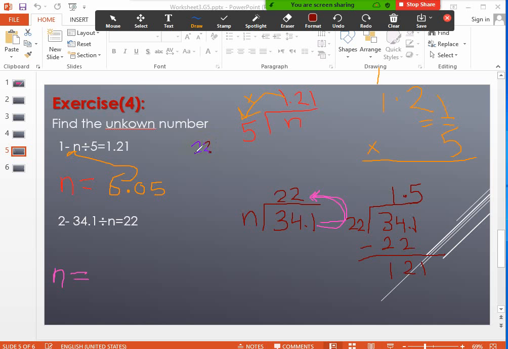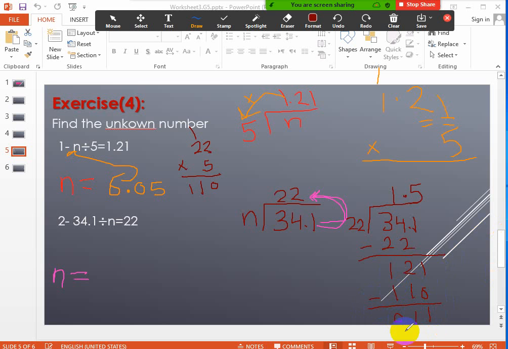Now I want to multiply 22 by 5 as an example. 5 multiplied by 2 equals 10. I will put the 0 here. 5 multiplied by 2 equals 10, plus 1 equals 11. So the number will be 110. Now, if we subtract, 1 minus 0 equals 1, 2 minus 1 equals 1, 1 minus 1 equals 0.